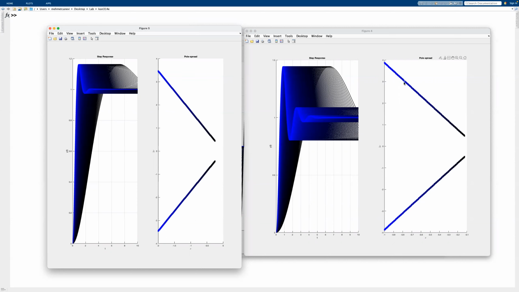Now you can see that MATLAB kind of adapts its own axes and stuff. So even though these seem to be the same, of course they are not, because the axes are different here. The scaling is different. You can see that this stops at -1, whereas this stops at -2. So you should take that into consideration.